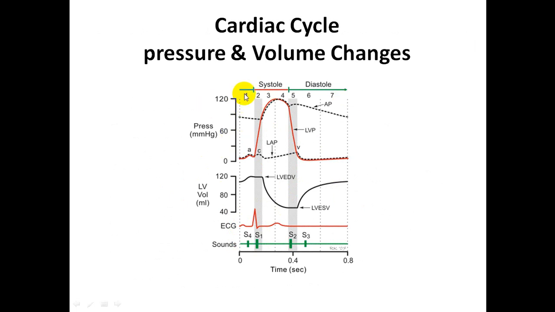The first phase is the atrial contraction, so it is the P wave. Atrial depolarization is the P wave, and then atrial contraction. Ventricular depolarization starts from here, and this is the QRS complex, while ventricular repolarization is the T wave.